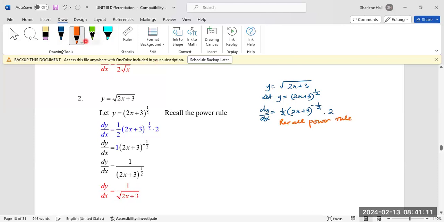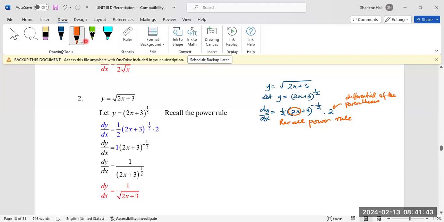Sir, where does the 2 come from? We're supposed to assume the outside value is 2, right? No, this 2 is the differential of the inside, the differential of the parentheses. So I have to differentiate that.